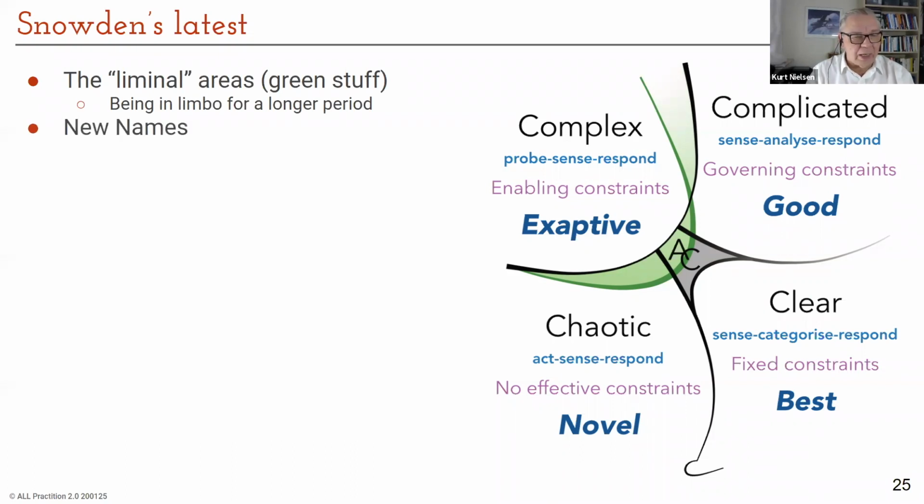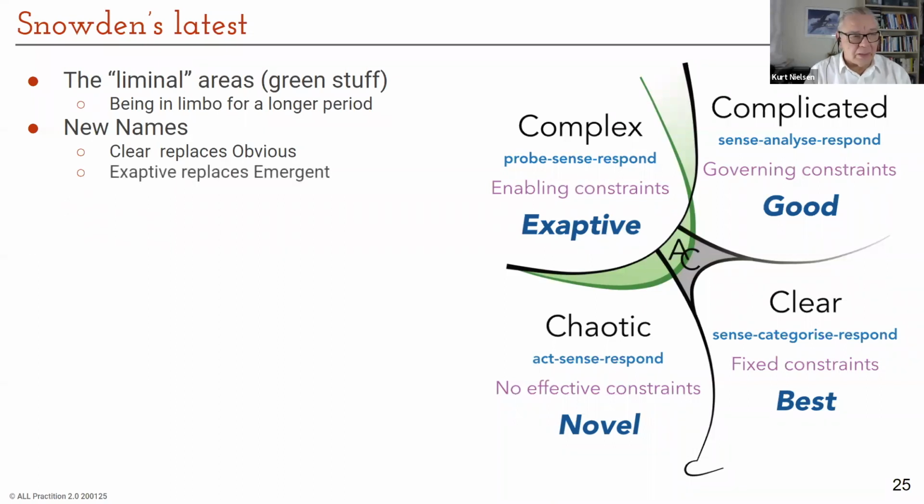He's given it some new names. Clear has replaced obvious, I don't think for any good reason, apart from now we have 4 C's. To me, as a non-native English speaker, obvious and clear mean approximately the same.